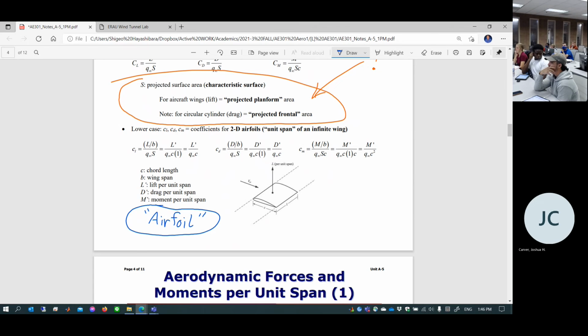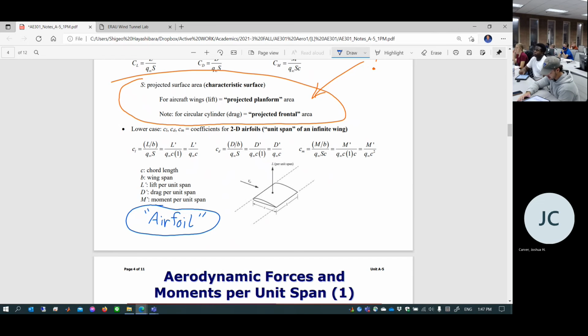You chop off this unit span, assuming a constant cross section. That is the airfoil. So whatever lift you produce out of this unit span, whatever the force divided by the span, is going to give you the lift per unit span value.